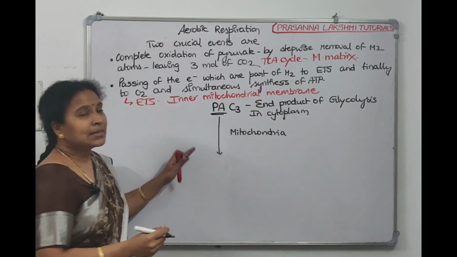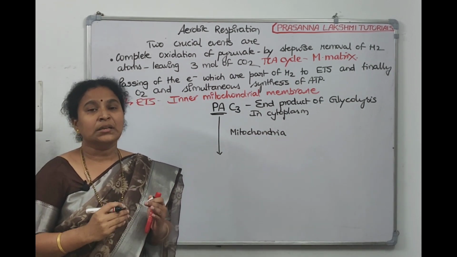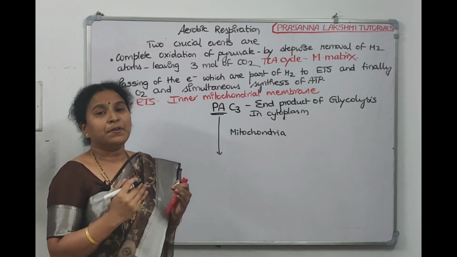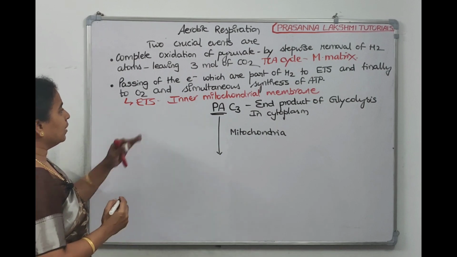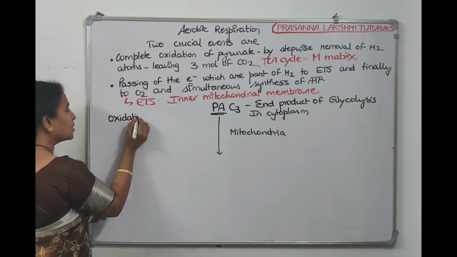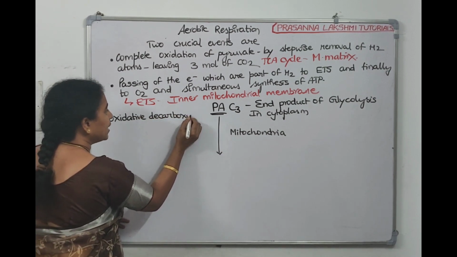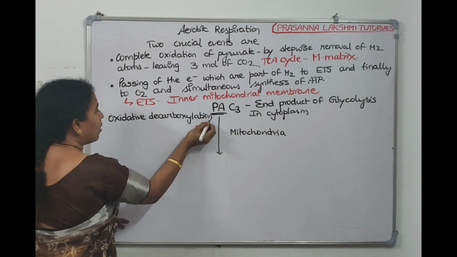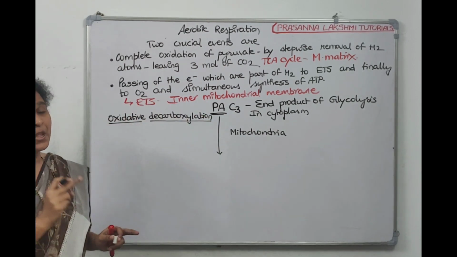Now the pyruvic acid comes to mitochondria, and this pyruvic acid undergoes oxidative decarboxylation in the mitochondria. What is that step called? Oxidative decarboxylation. Oxidation also happens, decarboxylation also happens.